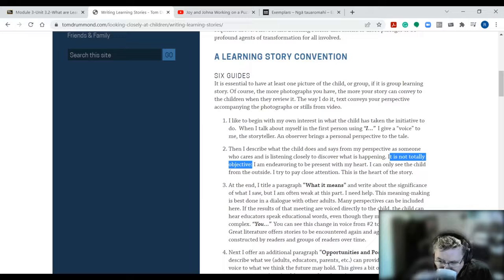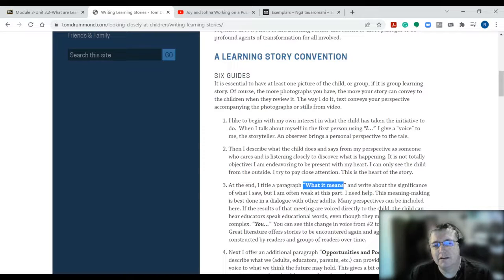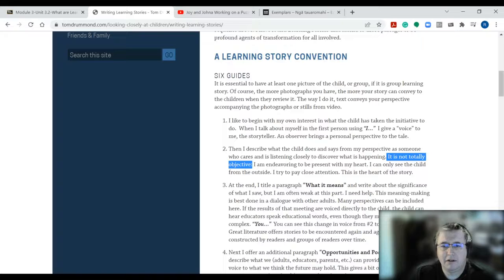Okay, so you can use it a little bit. I won't take marks off for you not being objective in this way, but really where I want you to do your analysis is more in the what does it mean. Okay, so being not totally objective, you can say she's happy. Okay, so something like that, right?